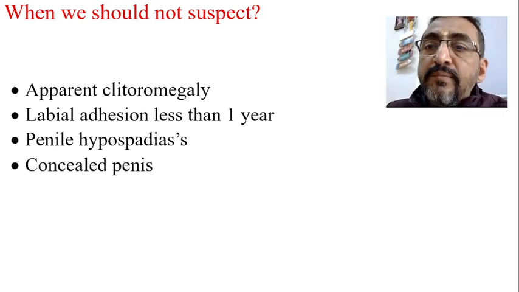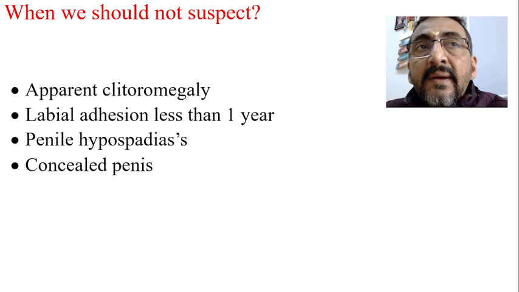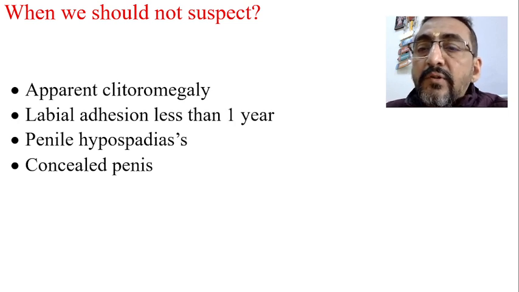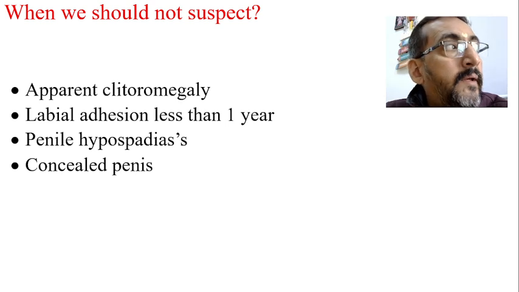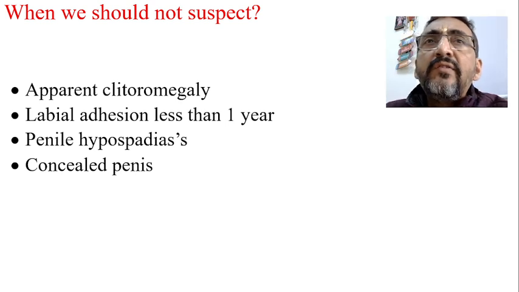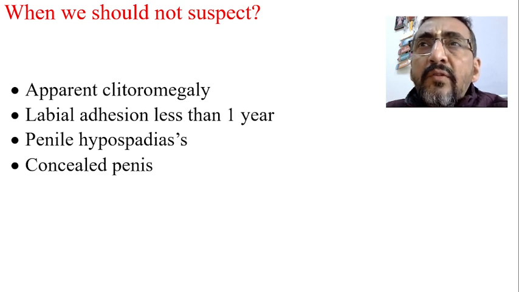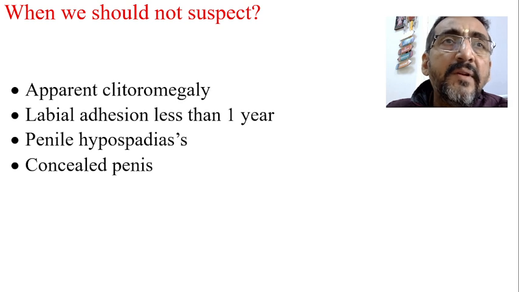Now, when should we suspect? Basically we should suspect about three or four things. Number one is apparent clitoromegaly. It means the clitoris is too big, especially in females. The clitoris is the counterpart of the penis in males, isn't it?